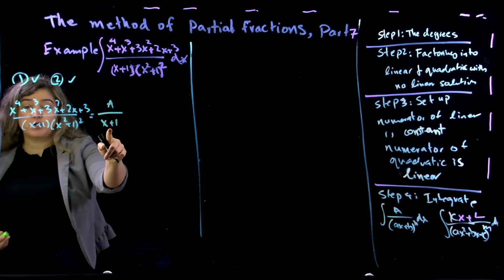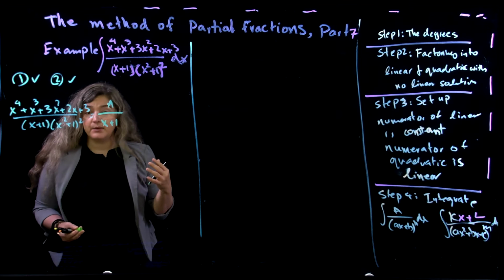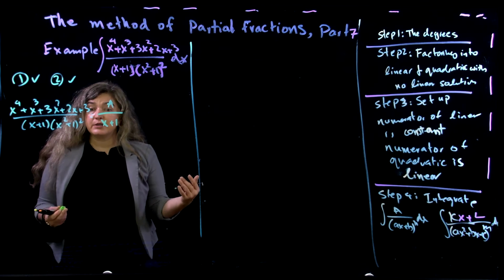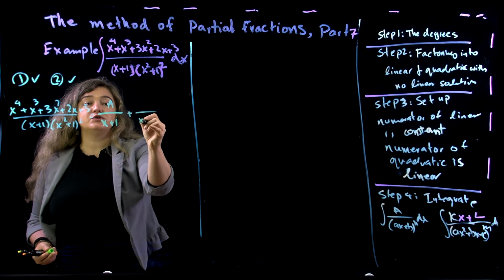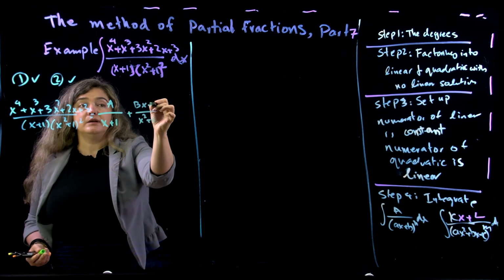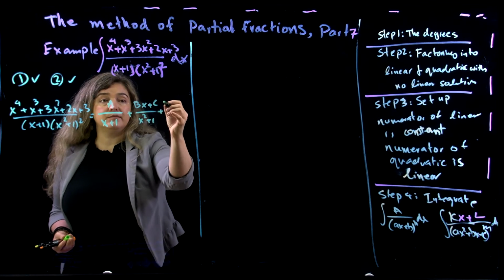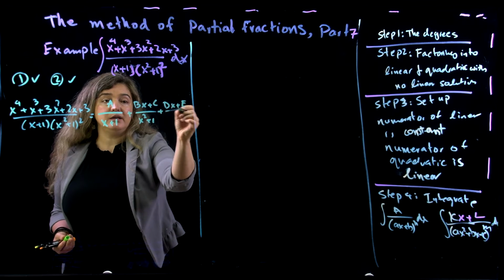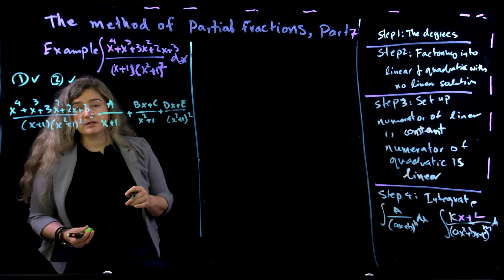That's the partial fraction over x plus 1, where the numerator has to be a constant. Then bx plus c over x squared plus 1, where the numerator has to be of linear format. Then dx plus e over x squared plus 1 to power 2, basically.